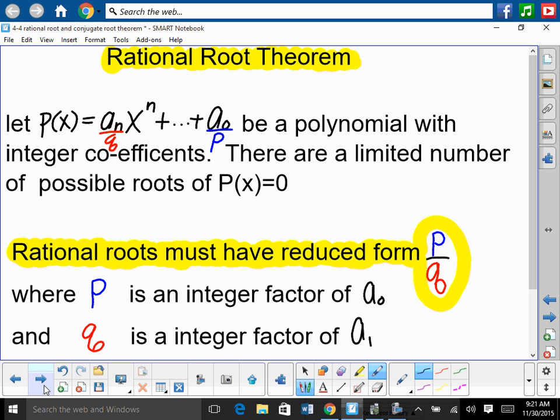I said a sub 1, but I meant a sub n. Of a sub n, so this front thing. So then you'll list out all your factors of the last term, you'll list out all your factors of the front term, what multiply to be it, and you'll take all possible forms of p divided by q, including the plus and minus answers.